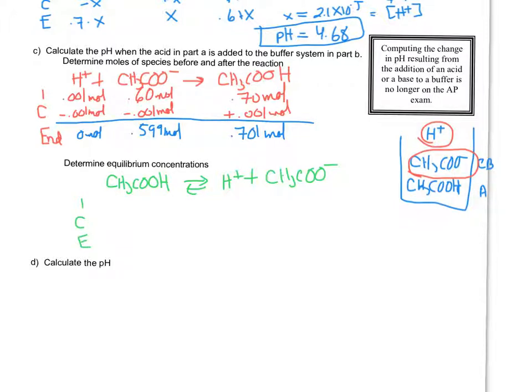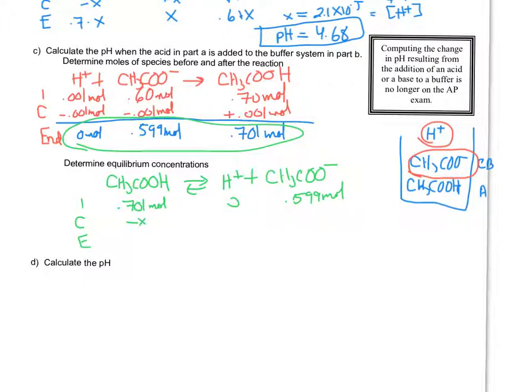But now my initial are these concentrations. So my acetic acid is 0.701. And you can do this in molar or moles. It doesn't really matter. Let me do it in moles because it's just easier. H+ is 0. And this is 0.599 moles.